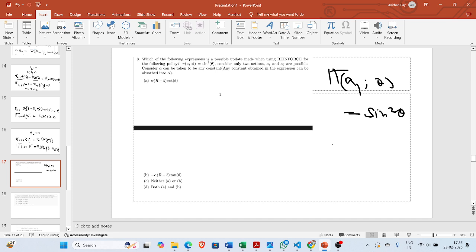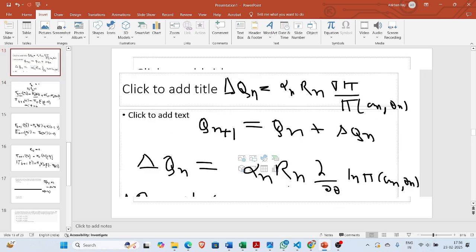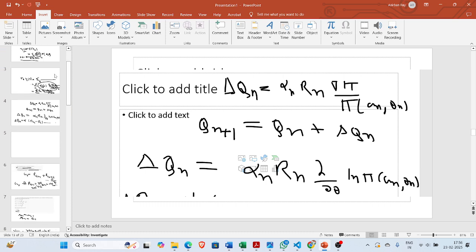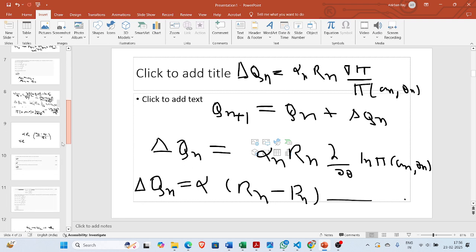So this is what we are updating with: the r minus b here, where b is the base, the baseline. After that, we take the derivative with respect to theta of ln of that.